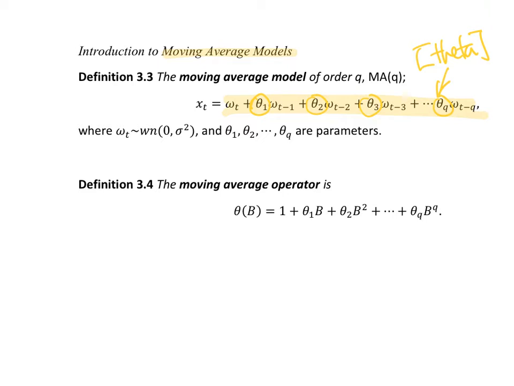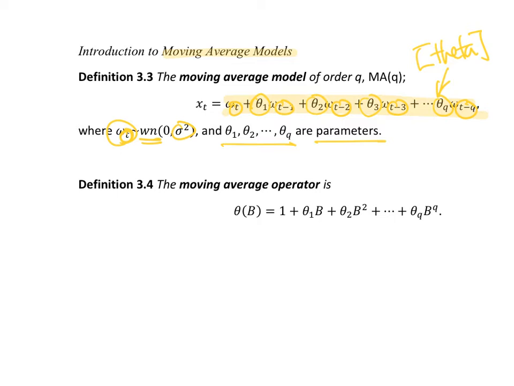So we are going to use theta. It is the MA parameters, and W_t at any time is not only at t, but also t minus 1, t minus 2, t minus 3, up to t minus q. That is the IID white noise, I mean the normal distribution with mean equals 0 and the variance sigma square, as we knew.